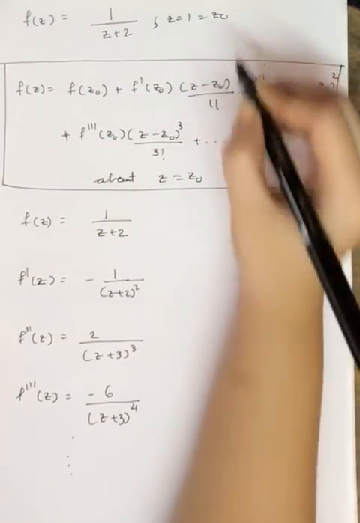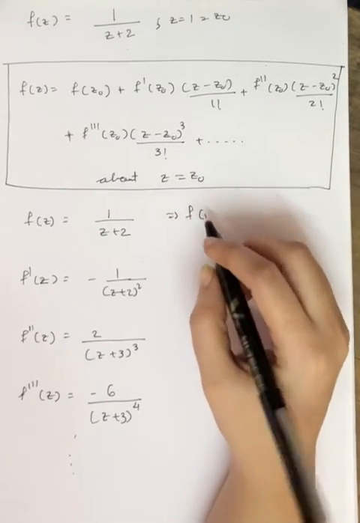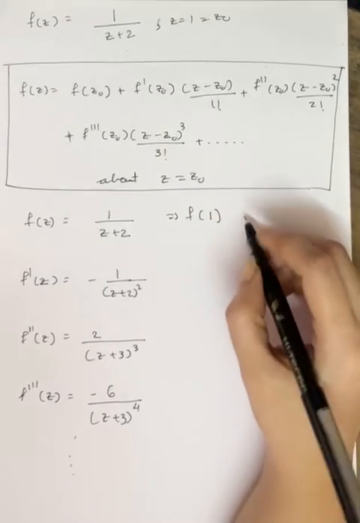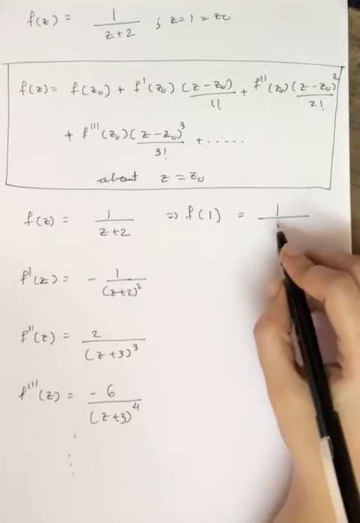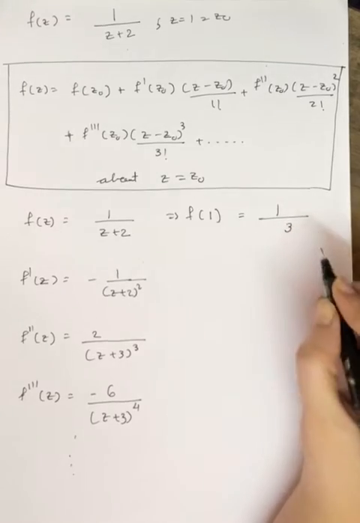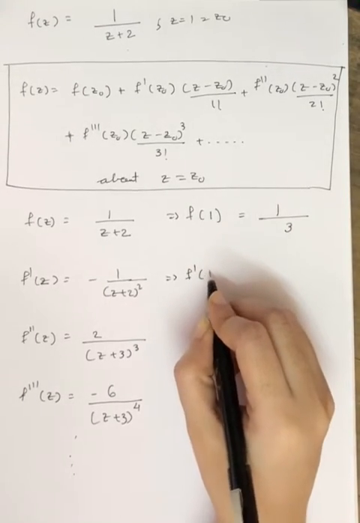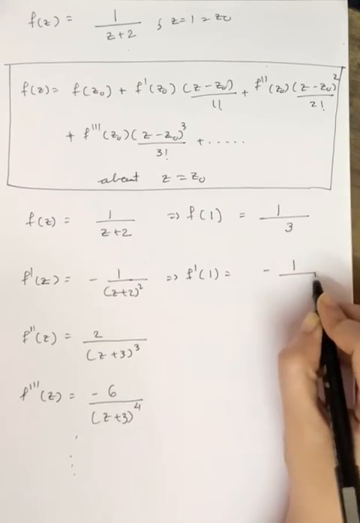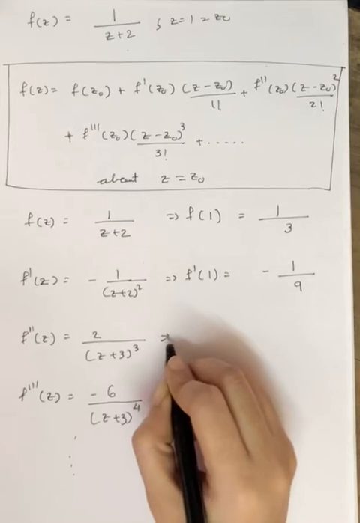so that's your z0, and therefore you will find that f of 1 will be 3, then f prime of 1 will be minus 1 upon 3 square, which is 9.